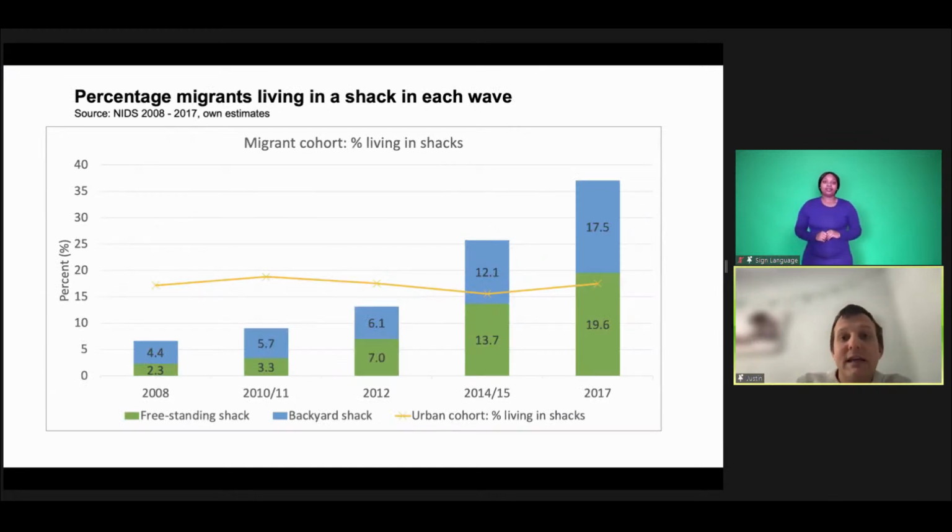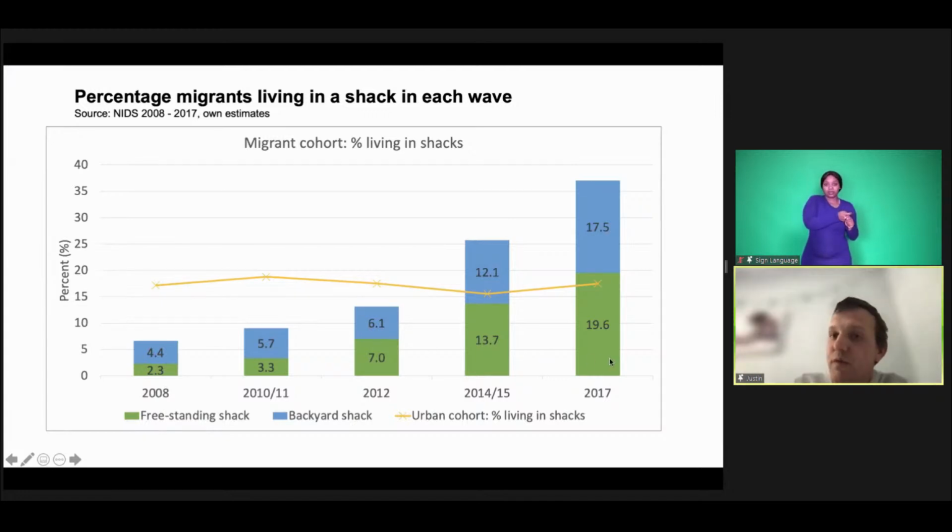Having said all that, we do find that in terms of people moving into cities, a large proportion of migrants do end up having to live in shacks. You can see that in terms of the urban cohort, it's normally just under 20% of people who report living in a shack in all the waves. Whereas for the migrant cohort, it's very small in 2008 because everyone was in a rural area, and there's only a low level of living in shacks for rural dwellers.